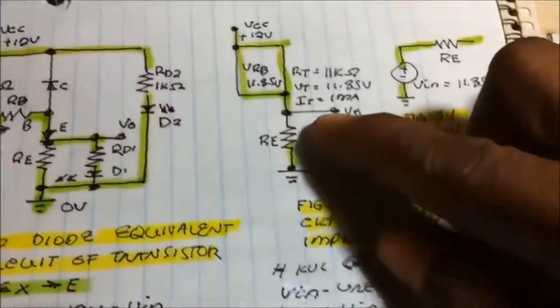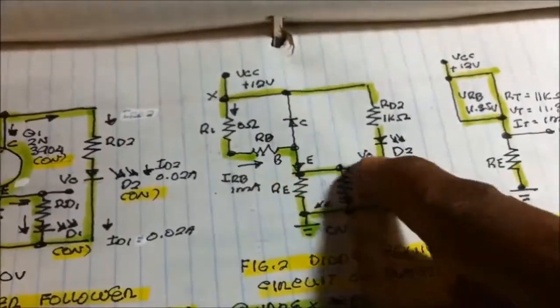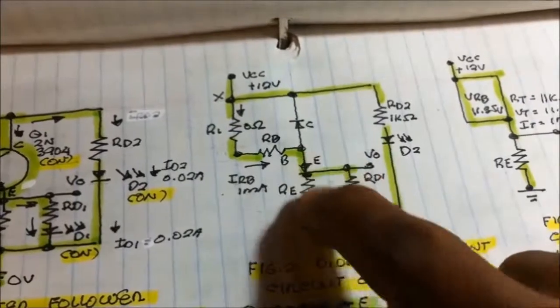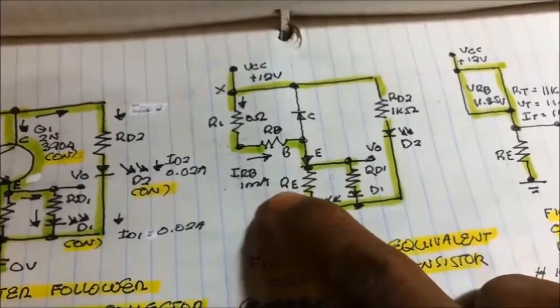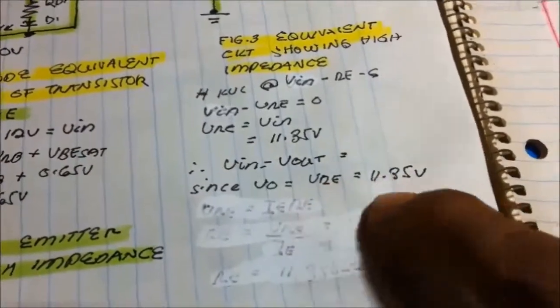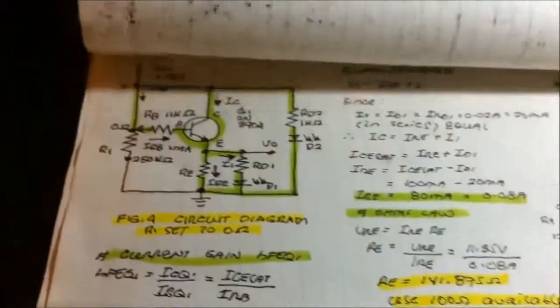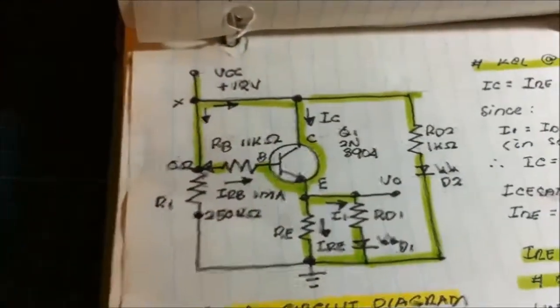And let's go back now here. Since the voltage input is equal to the voltage output, which is equal to the voltage appearing in the emitter resistor, okay, so all the same, 11.35 volts. Let us now come to the next figure.